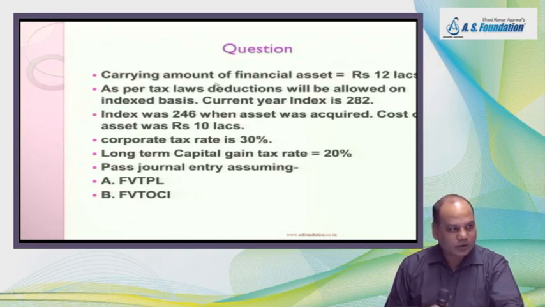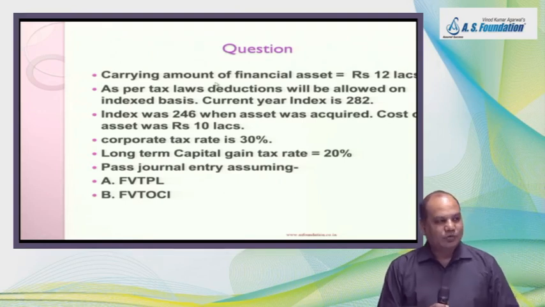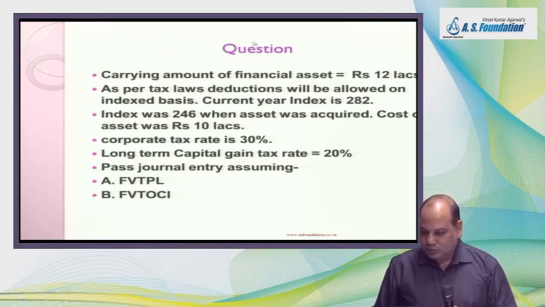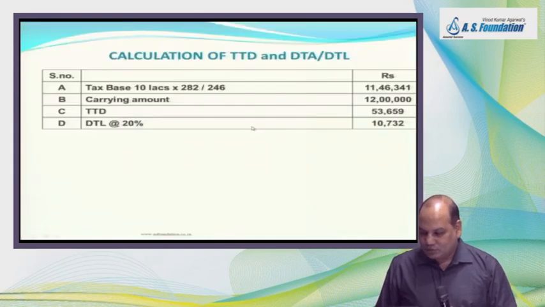Fair value through profit and loss account. FVTOCI, fair value through other comprehensive income. But in this question, first I need to find out the tax base of the asset. Then I need to find out the TTD and then DTL.